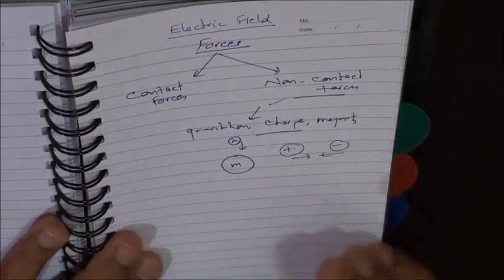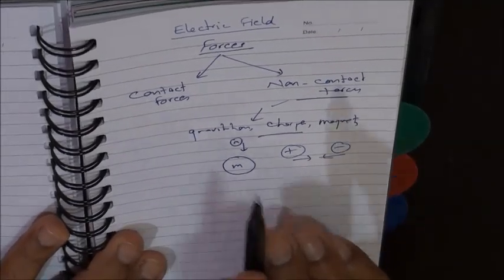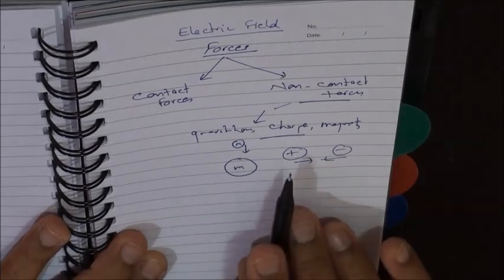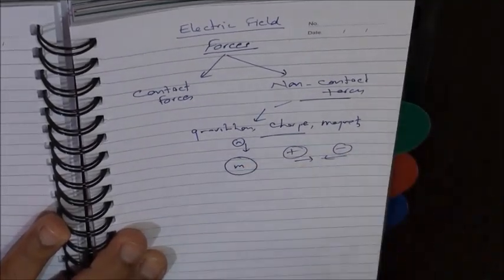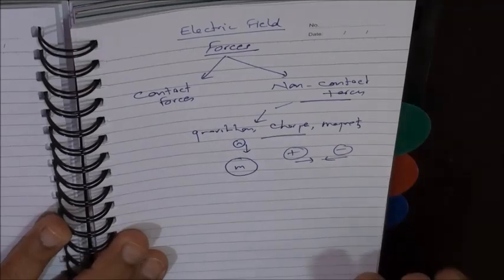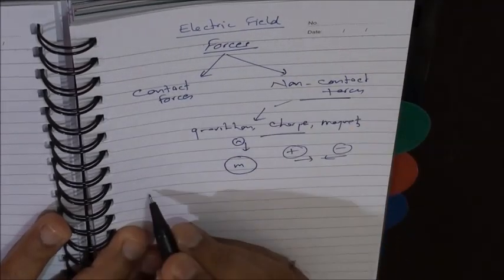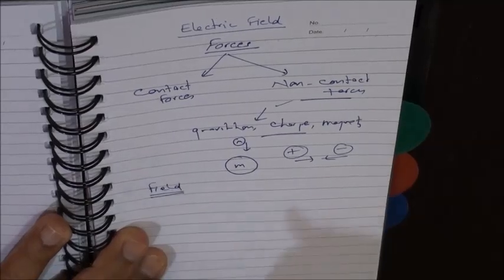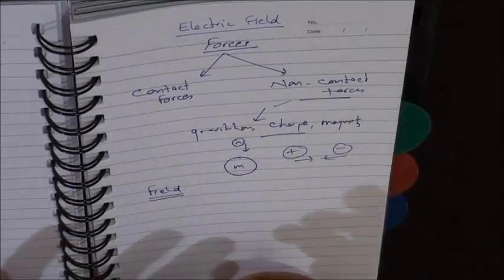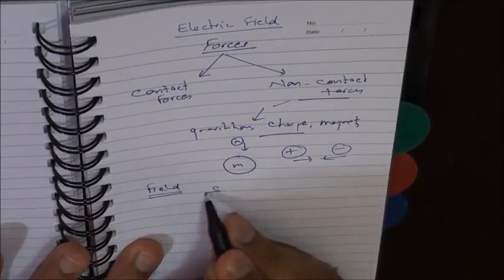So a new concept was introduced to explain the force which acts between two bodies from a certain distance. Whenever we talk about the term field, field means a region, a space.